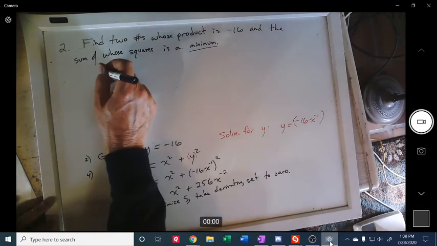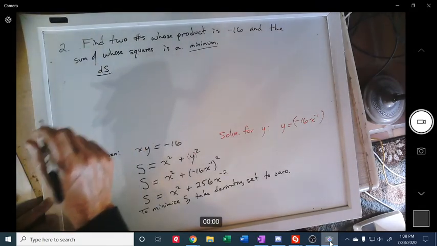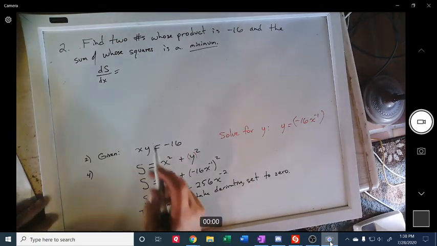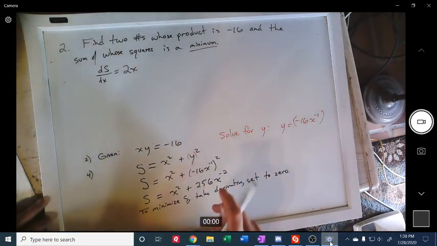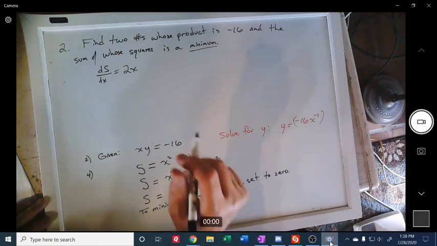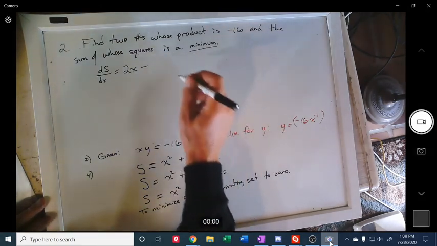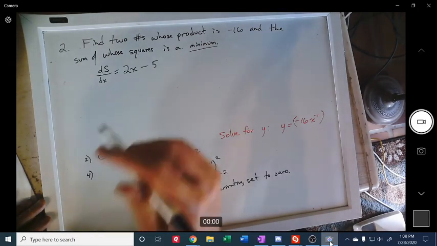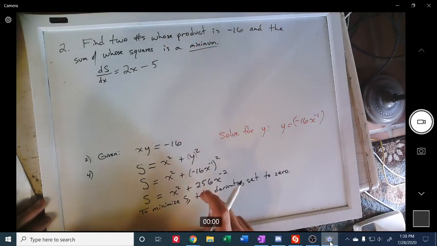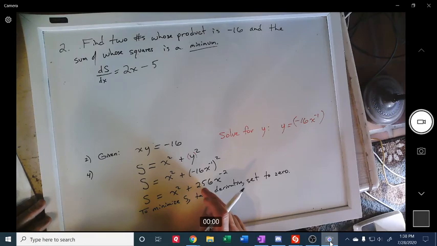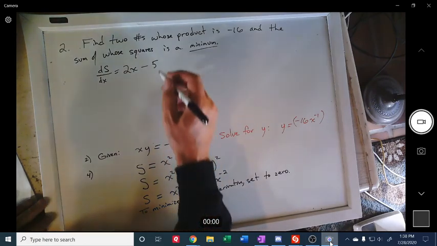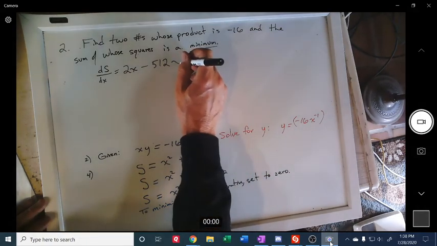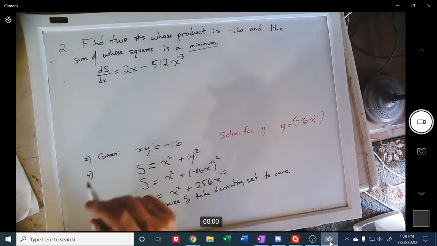So dS/dx is 2x, and then if I double 256, that's 512, x to the minus 3.